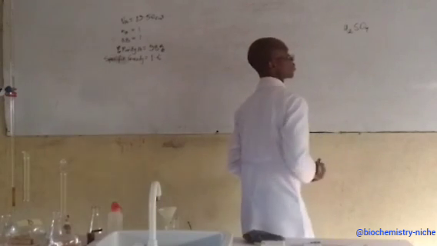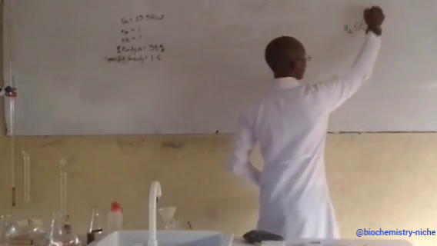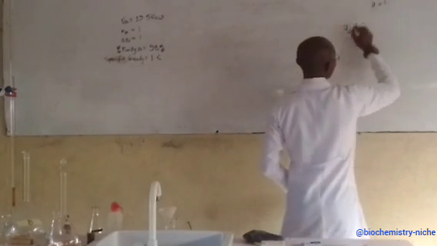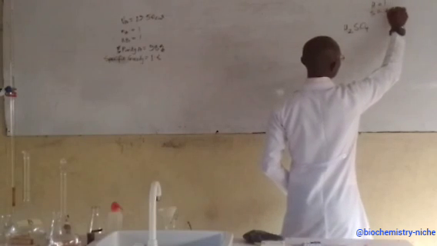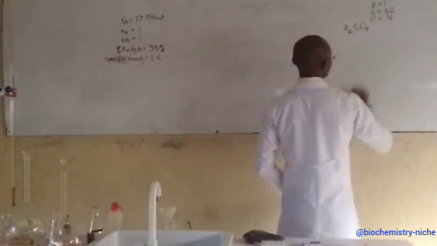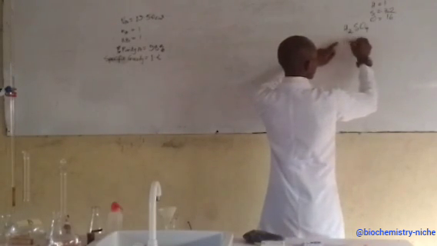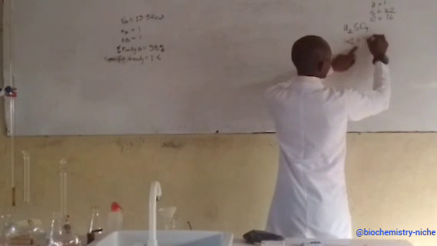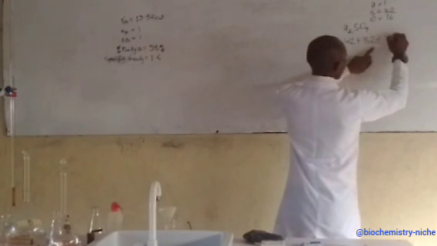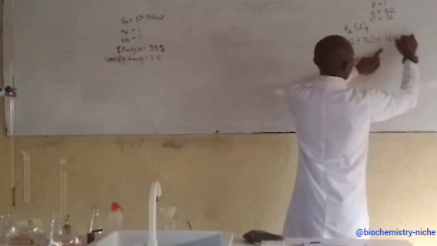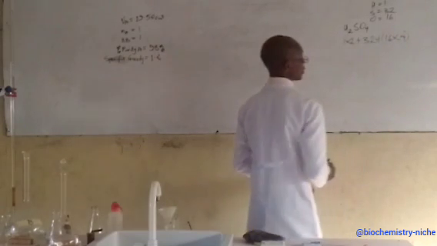H2SO4, what is going to be our molar mass? Our H is 1, our S is 32, and our O is 16. So we have 1 times 2 plus 32 plus 16 multiplied by 4.